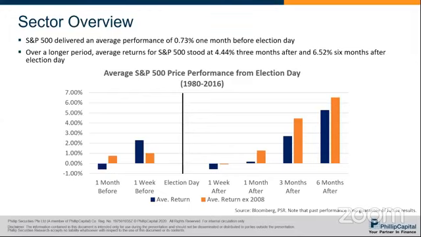So in terms of sector overview, if you look at the average S&P 500 returns before and after election day itself, so 1 month before election day, S&P 500 delivered an average performance of roughly 0.7%. So this is from all the election days between 1980 to 2016.